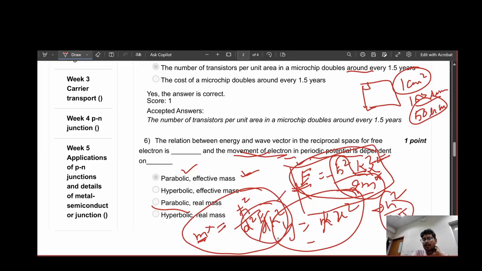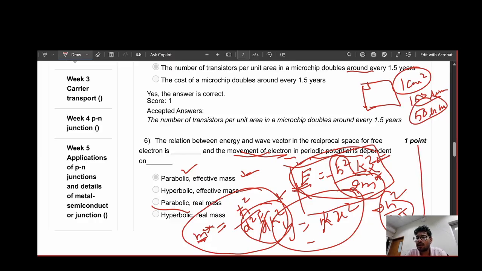This is the term curvature, which is used in mathematics. Just by looking at the curvature of the conduction band or valence band, you can distinguish which material has more effective mass and which has less effective mass of electrons or holes.